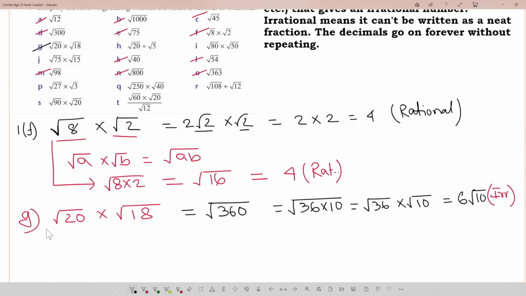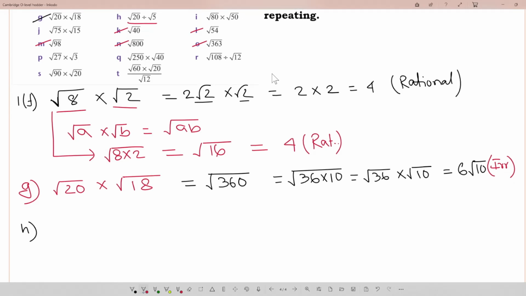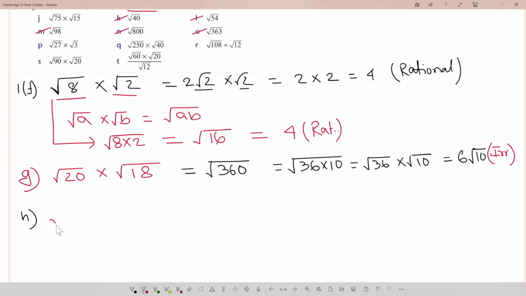Now 1h. 1h is a division: root 20 divided by root 5. How can we explain this one?